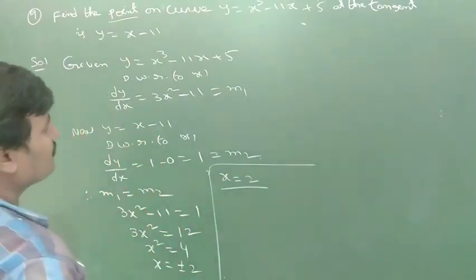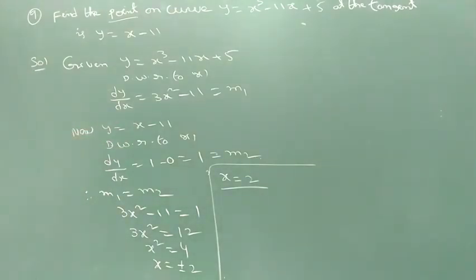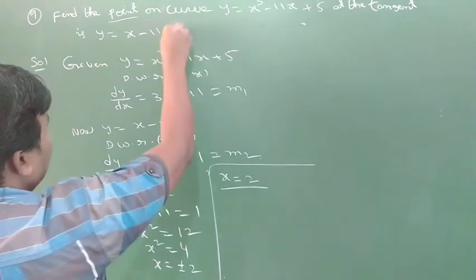For x equal to 2, y is equal to 8 minus 22 plus 5, that is minus 9. This is equation number 1.